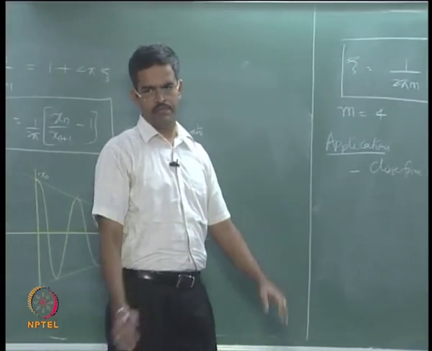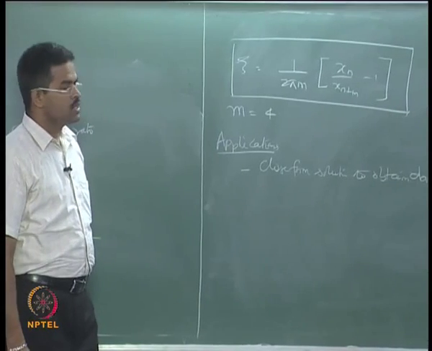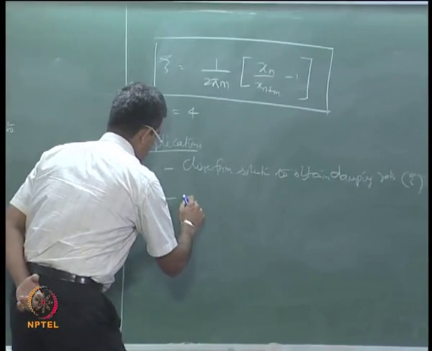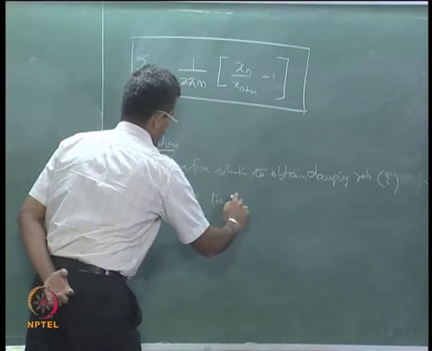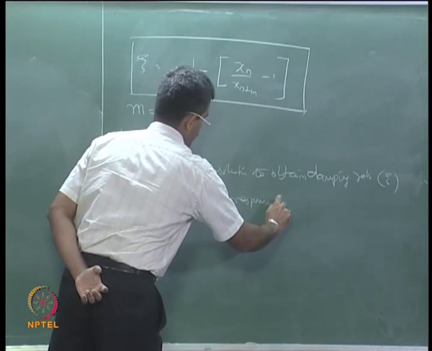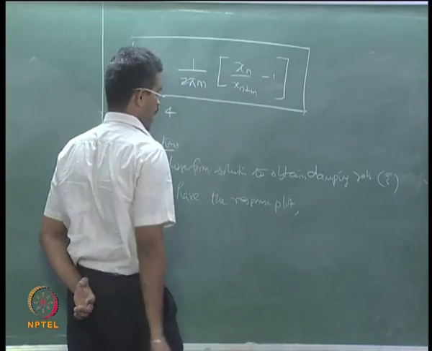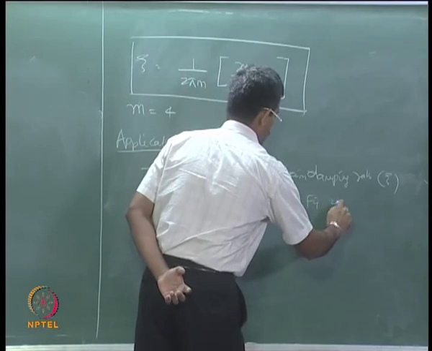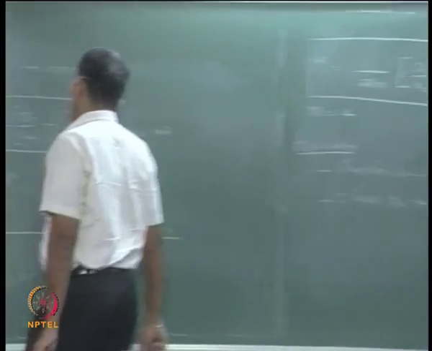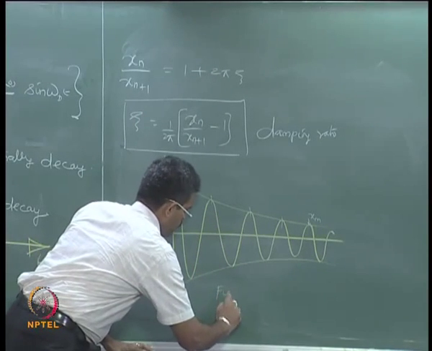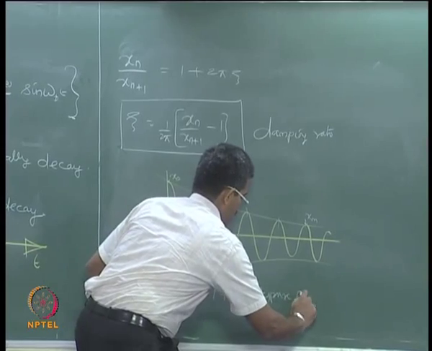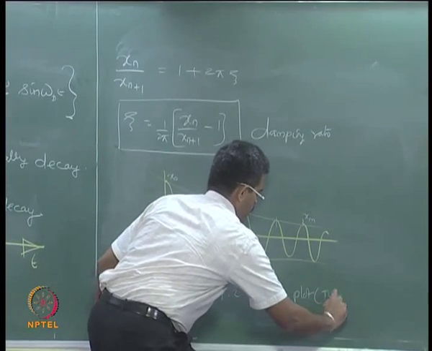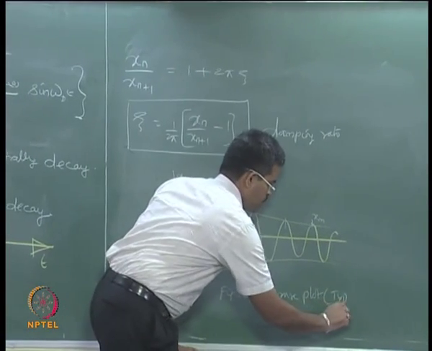So, closed form. If by any chance I have the response plot as shown in figure 2, let us say figure 2 is this, which is a typical response plot.